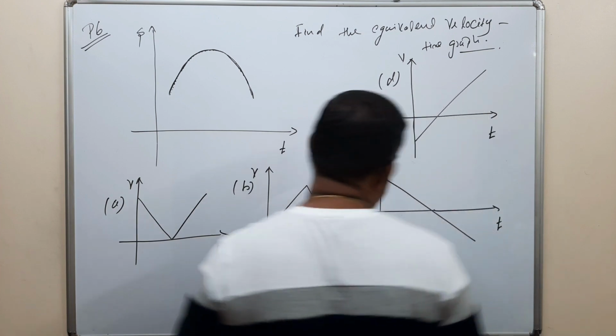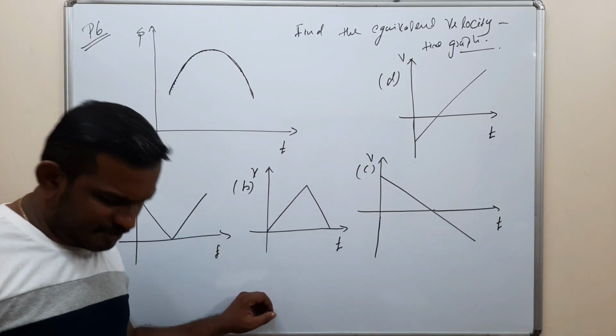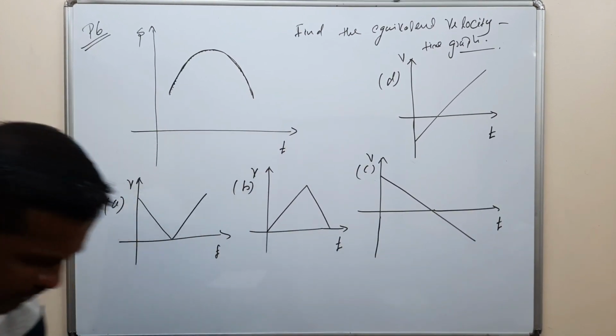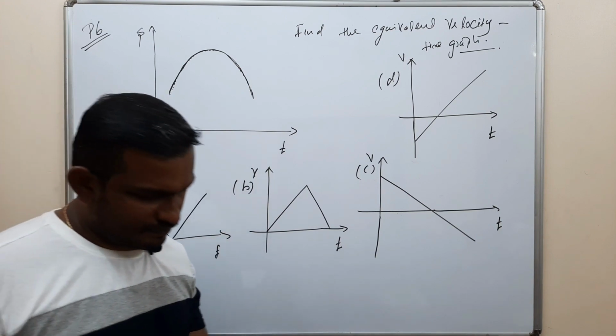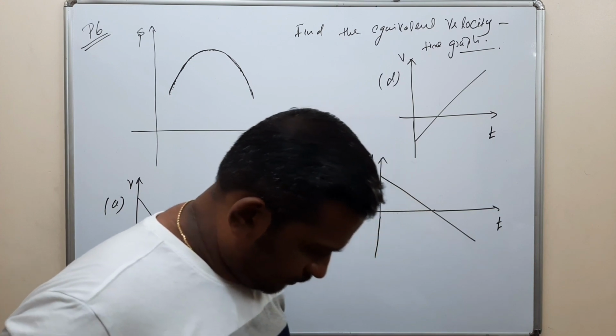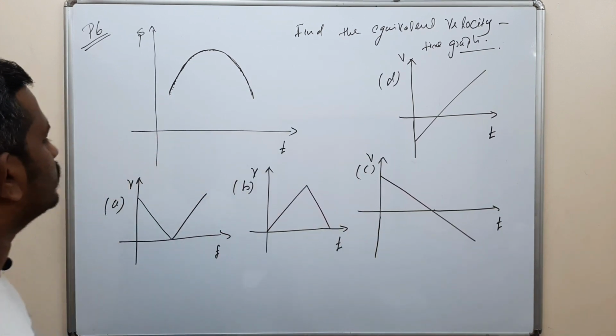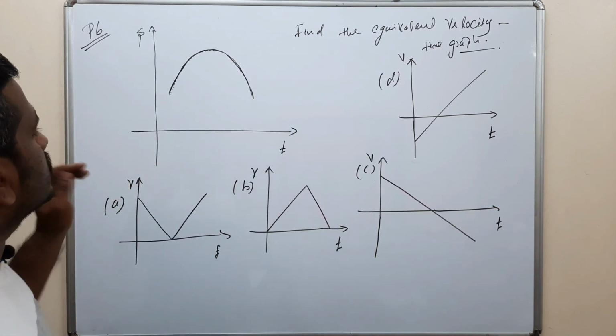So the displacement-time graph is given, and we have to find the equivalent velocity-time graph.